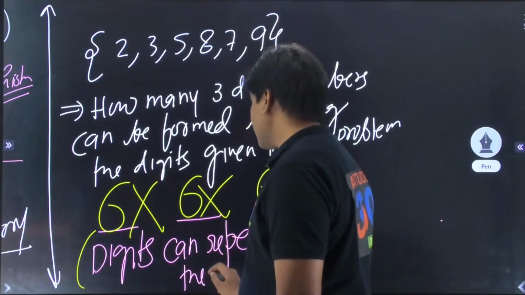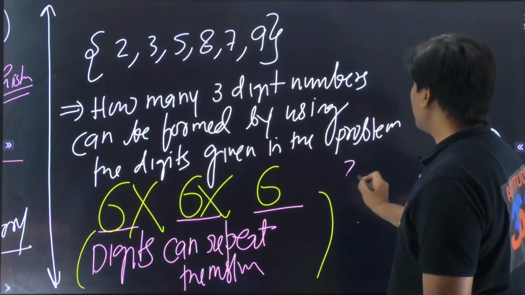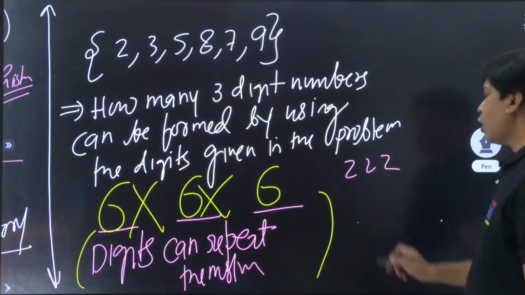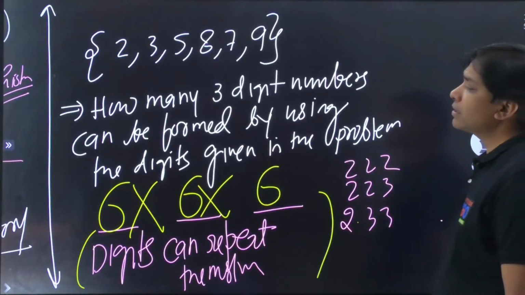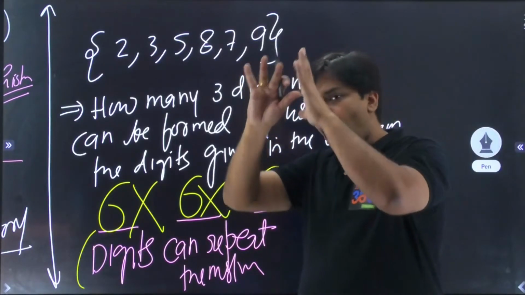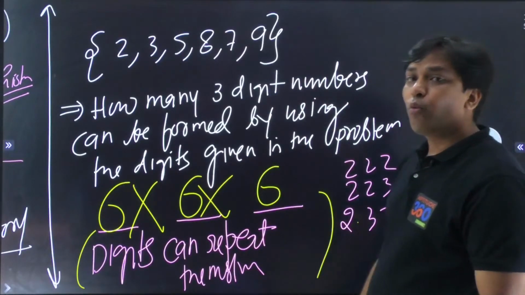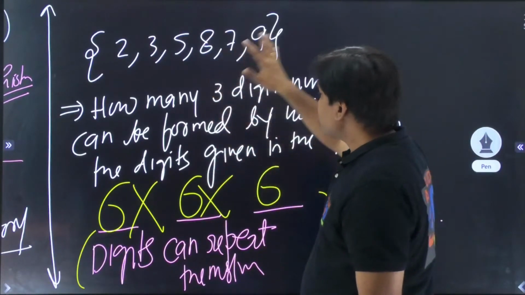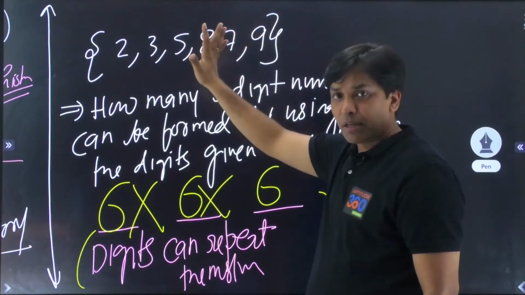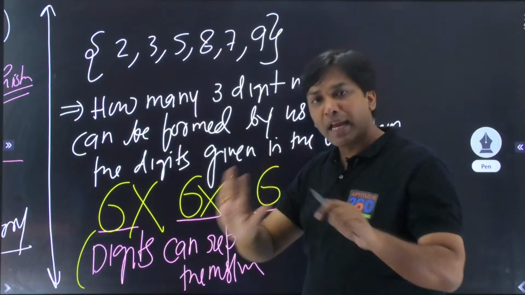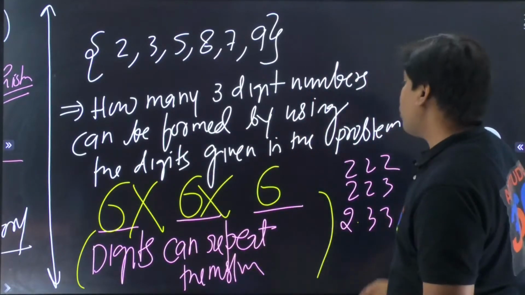Is it not? यानी एक पॉसिबिलिटी ऐसी भी हो सकती है ना कि you form 2, 2, 2 or you form 2, 2, 3 or you form 2, 3, 3, isn't it? So all the possibilities are already included here when I say how many 3-digit numbers can be formed by using these digits, and where I do not give you any case, so you can repeat the digits, isn't it?